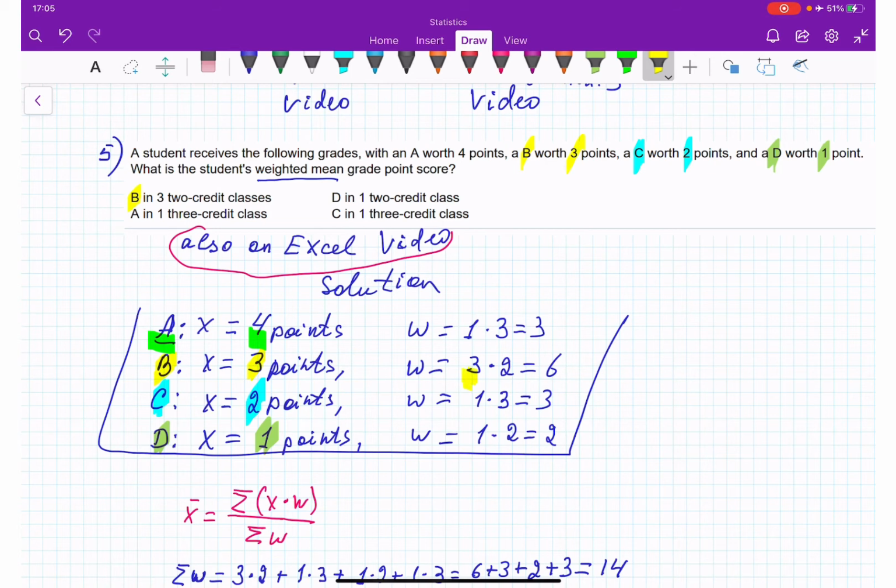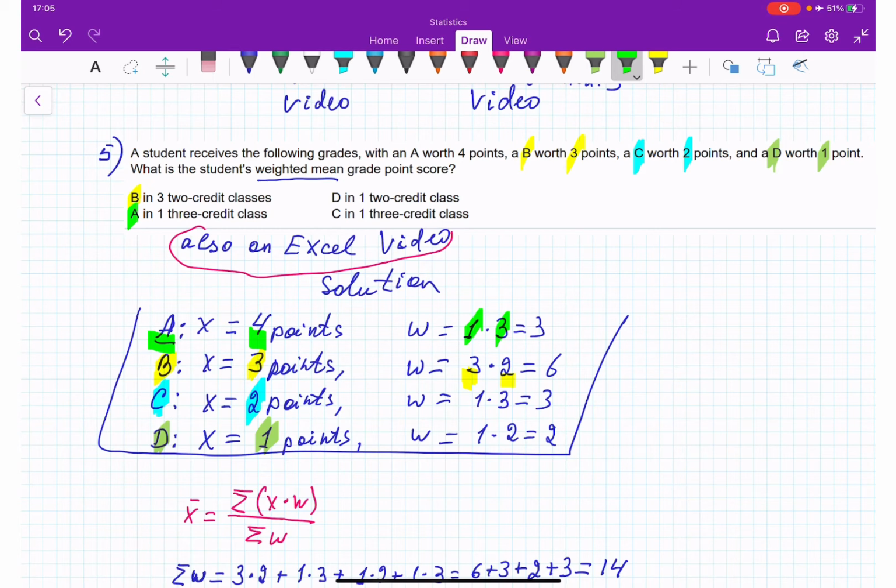It's three 2-credit classes, so in total we have 6 credits. Next, A is in one 3-credit hour class, so here is A, 1 times 3 credit hours.